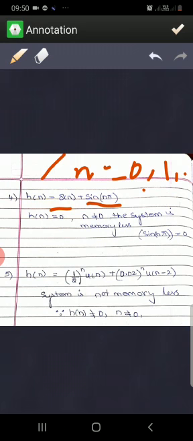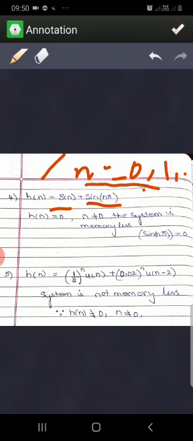Now let us check sin n pi. Let us take n equal to 1. What happens? Sin pi. We know that sin pi is 0. Sin 2 pi is 0. Let us take n equal to minus 1. Sin of minus pi is 0. Sin of minus 2 pi is 0.